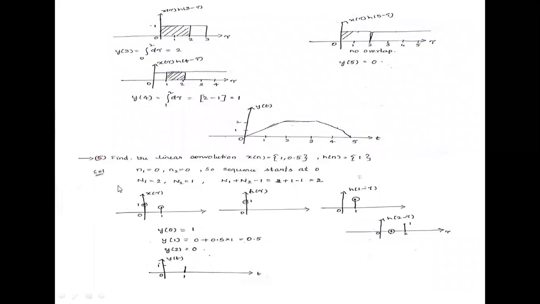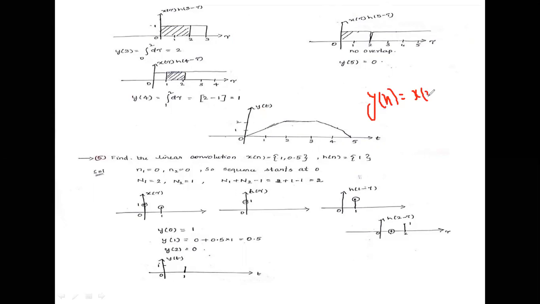So the first example: find the linear convolution, x of n is equal to {1, 0, 5} and h of n is equal to {1}. Without any arrow marks given in the sequence, the first value is at n equal to 0, and here also the first value is at n equal to 0. So how many values will we get for y of n, the convolution of x of n and h of n?